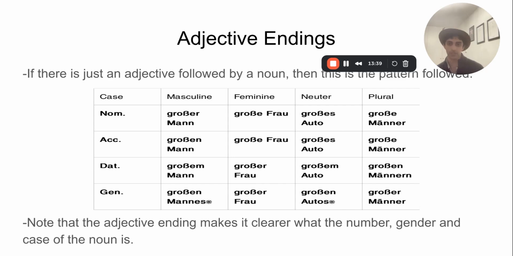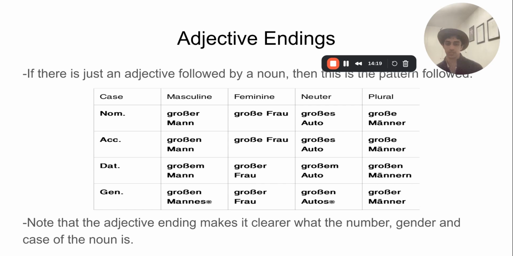In the dative singular, for example, the masculine singular form of the adjective would end in em, and likewise the neuter singular form of the adjective is exactly the same, ending in em. So in the dative and genitive singular, the masculine and neuter nouns have exactly the same patterns as each other, actually. And for feminine nouns, the dative singular and genitive singular also are the same. They both end in er. So that can definitely help condense all of this information and make it easier to remember and retain.